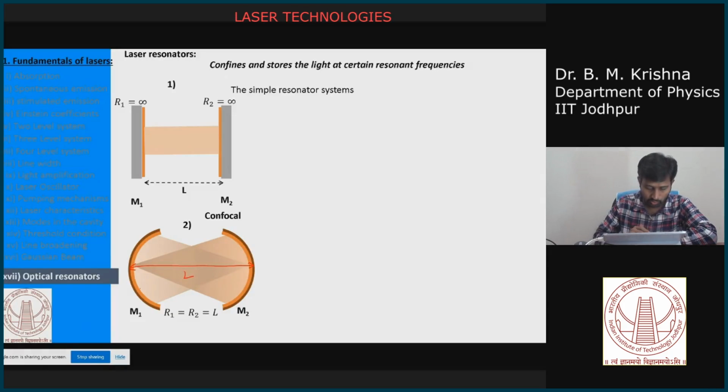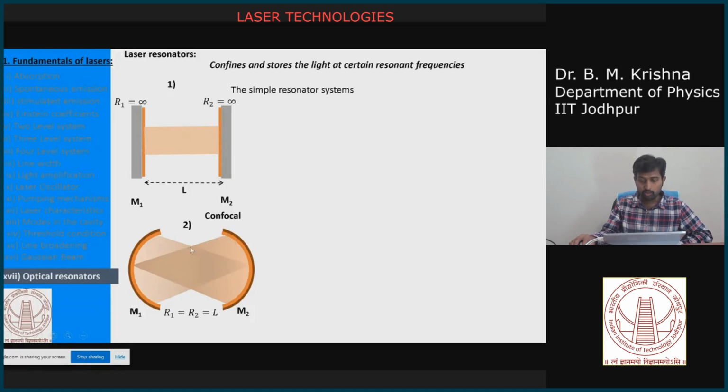So this cavity is designed such that the radius of curvature of these mirrors is equal to the distance between the two mirrors. In that condition, you achieve a confocal configuration. Now your beam width will be smaller within the cavity at this position. You have to assume that for the combination of these two mirrors, the focus will be here.